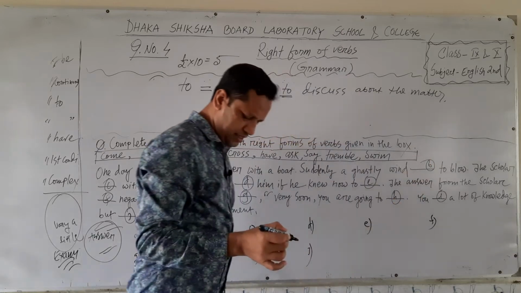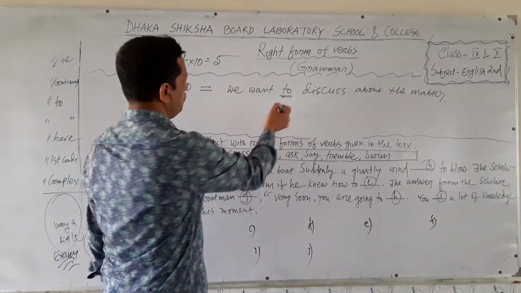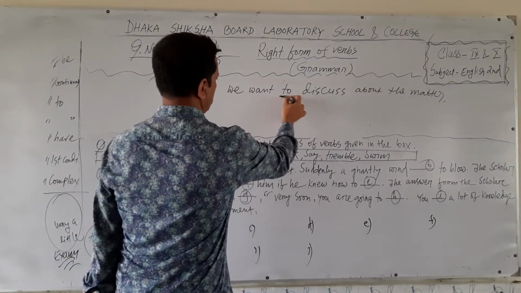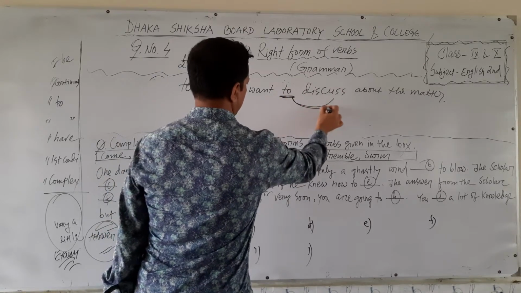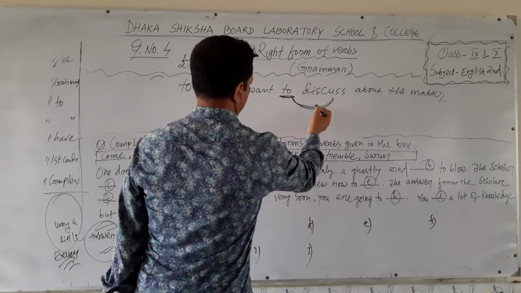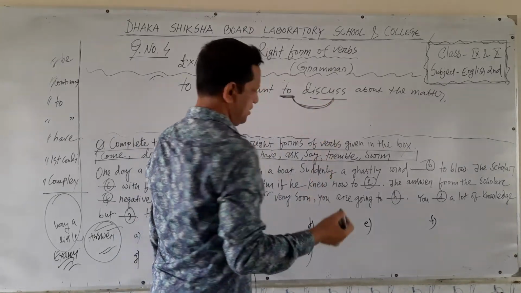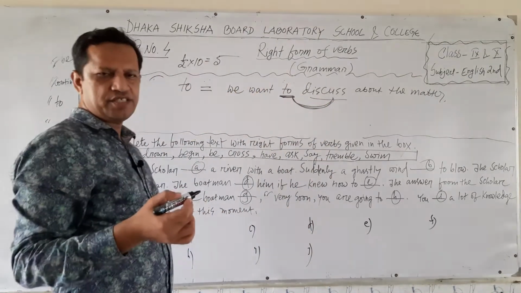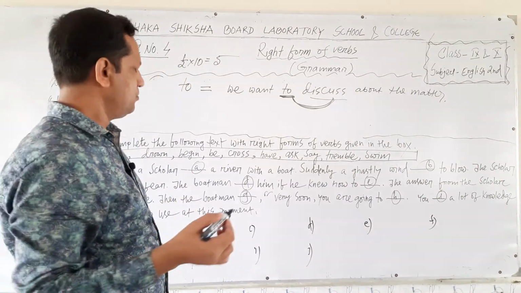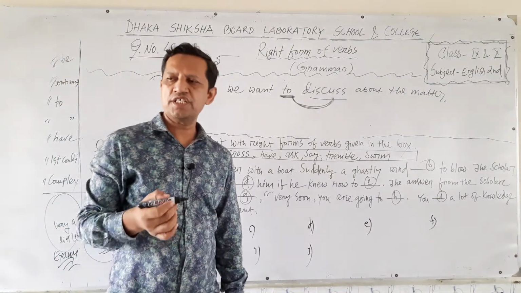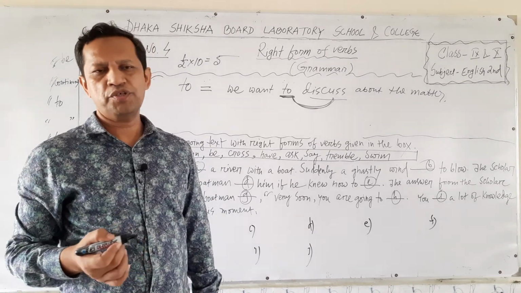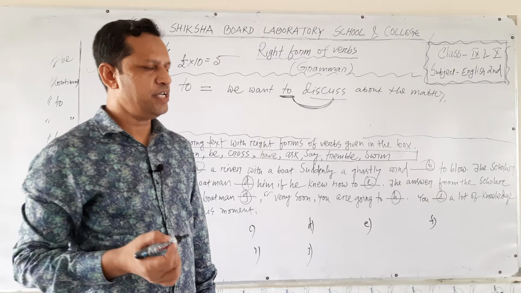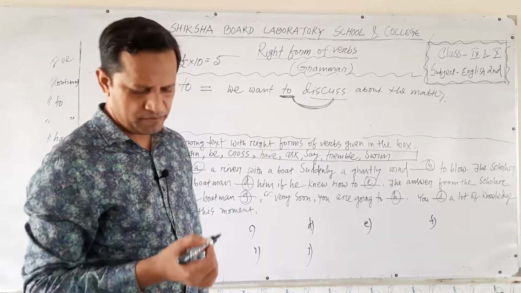You see that here to is a preposition, and after this preposition we have used discuss, and discuss is V1 or present form. So you have to know that after to we have to use the main form or base form of the verb.